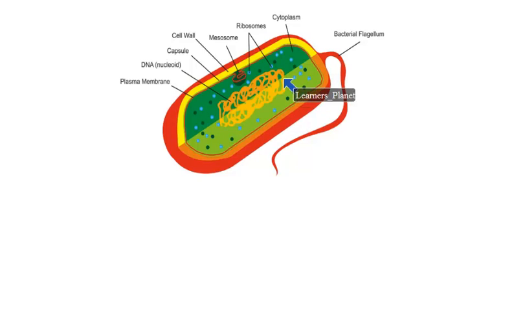Here you can see this entangled mass, a thread-like structure which is entangled in a fuzzy manner. This type of material is basically DNA. And the region in which it is present is known as the nucleoid region.